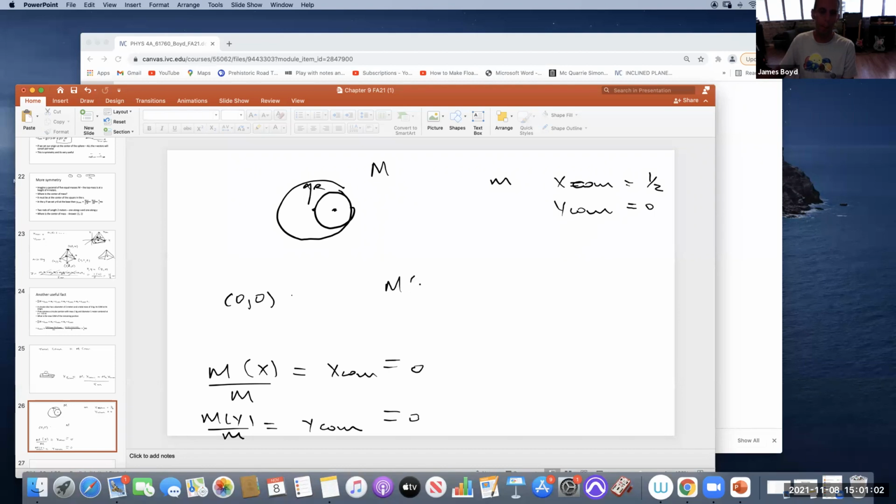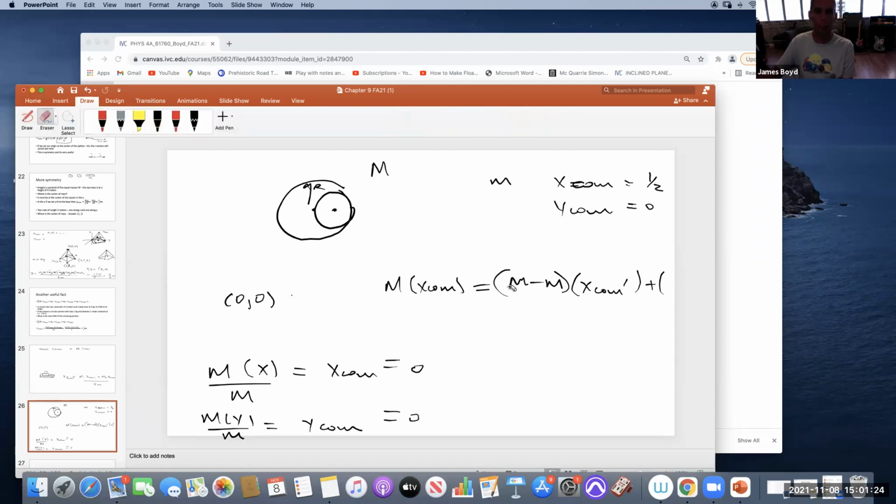So M times X center mass has to be equal to big M minus little m times X center mass prime, plus little m times its center mass, which is 1/2.